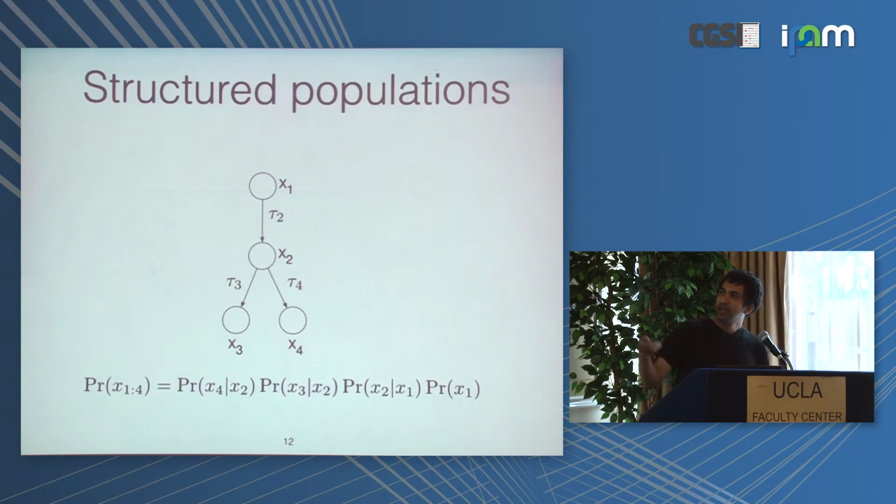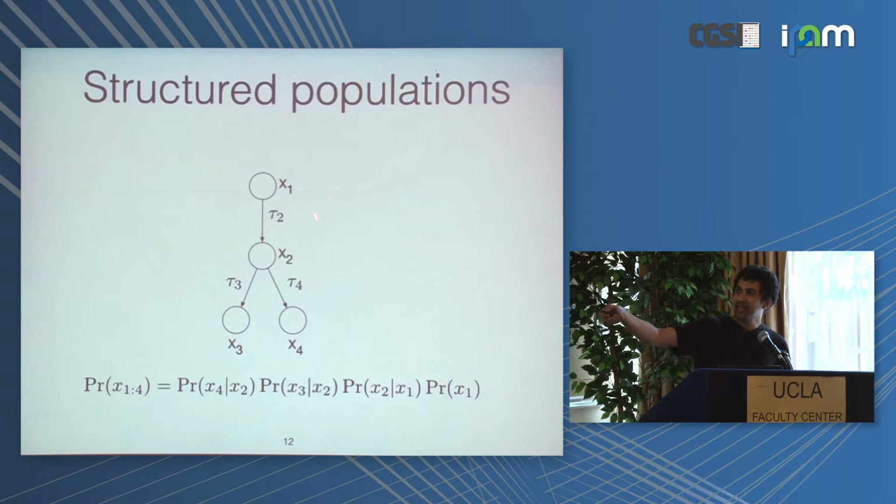Okay. So this notation, if it's not familiar to most of you, we are using what is called a directed graphical model to represent this structure. So every vertex here is a random variable. It tells you what's the allele frequency at that point in that population.